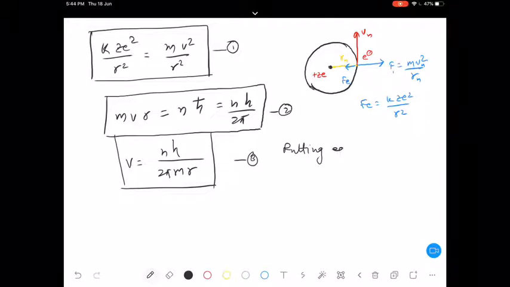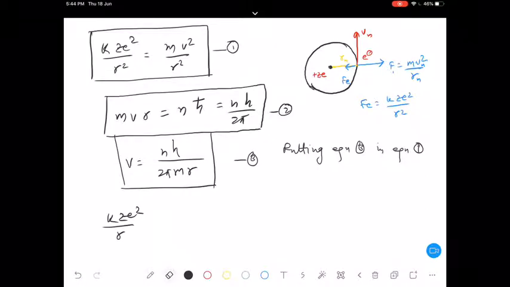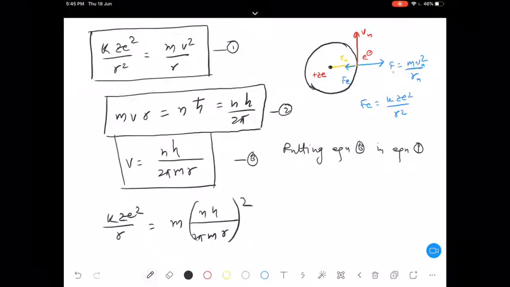Putting equation 3 in equation 1, what are we going to obtain? We can write kZe square by r. Here my mistake, this is mv square by r. So kZe square by r can be written as m, and v square I can write as nh upon 2 pi mr, whole square.